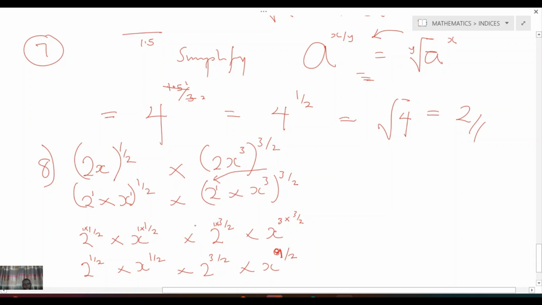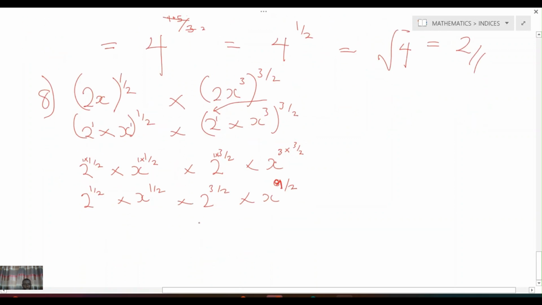Okay, let's collect like terms so that it will be easy for us to evaluate. 2 raised to power 1 over 2 times, let's bring this one here, 2 raised to power 3 over 2 times x raised to power 1 over 2 times x raised to power 9 all over 2.